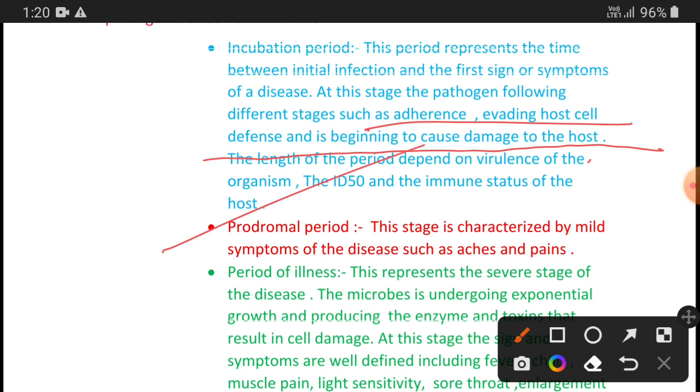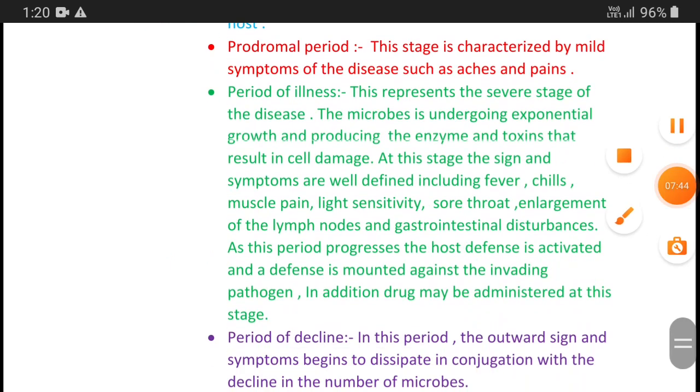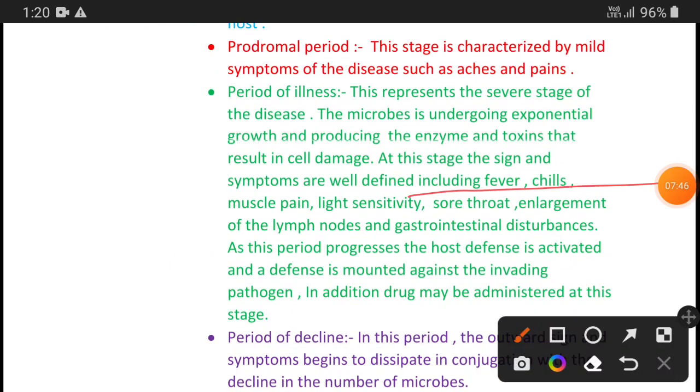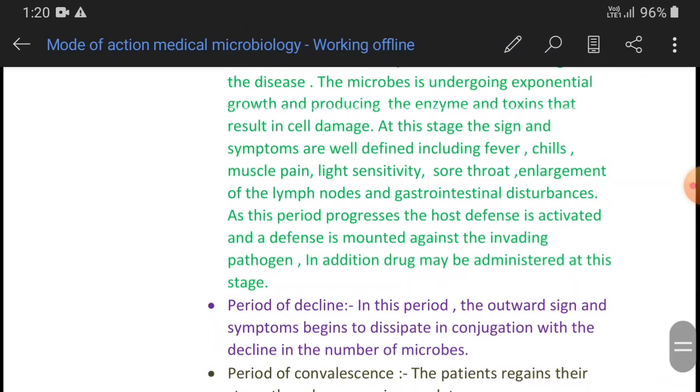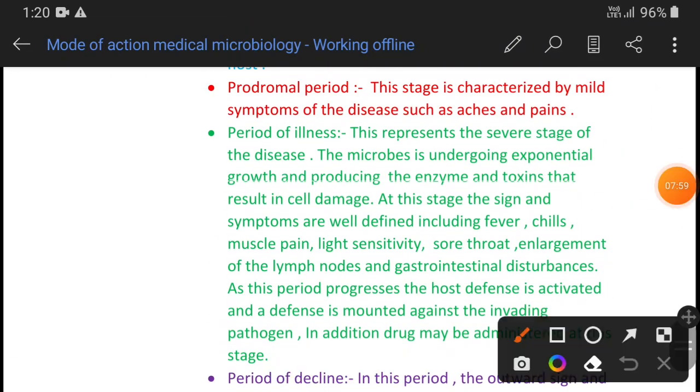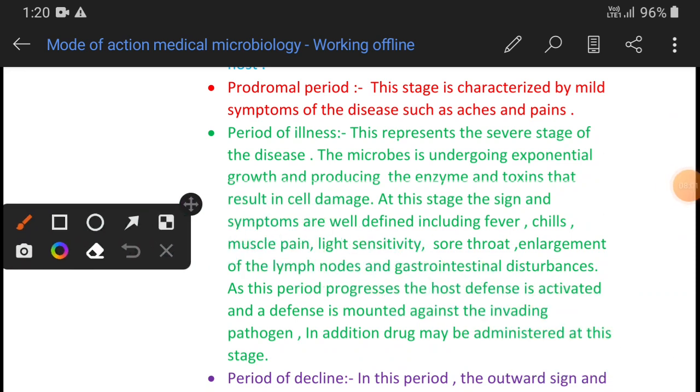Then the prodromal period, characterized by mild symptoms such as itches and pain. And the period of illness, with fever, chills, muscle pain, light sensitivity, sore throat, enlargement of the lymph nodes, and gastrointestinal disturbance. And the drugs that we need to apply against that particular disease, we have to apply in that phase.